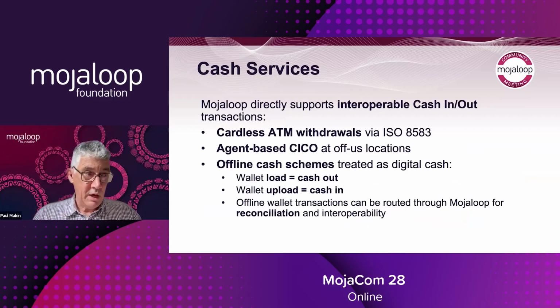Cash services. The Mojaloop Hub directly supports the common interoperable cash-in, cash-out transactions that every DFSP and their customers would expect. That's cardless ATM withdrawals via ISO 8583, and I'll be coming back to that later. Agent-based cash-in and cash-out, that's office locations, so independent branchless banking agents.